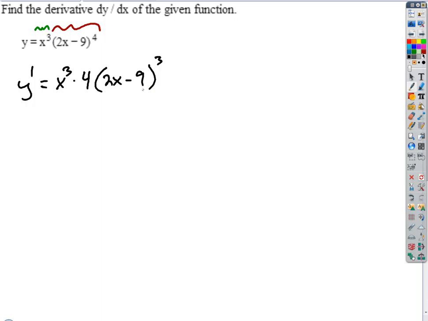Plus, so there's first times the derivative of the second. Now we have to do plus second times the derivative of the first. Good.